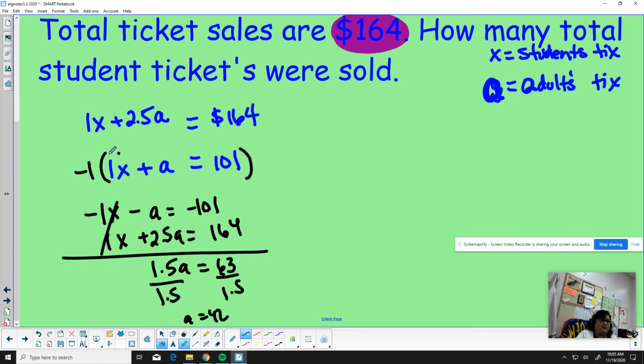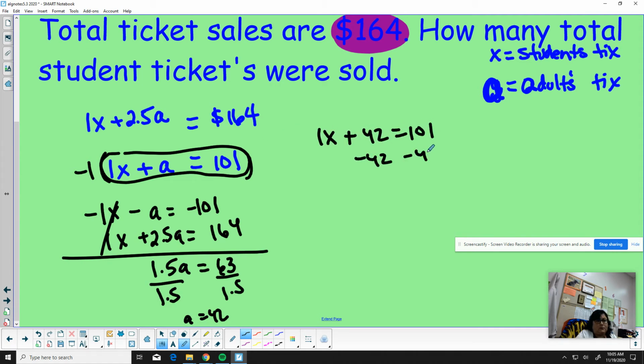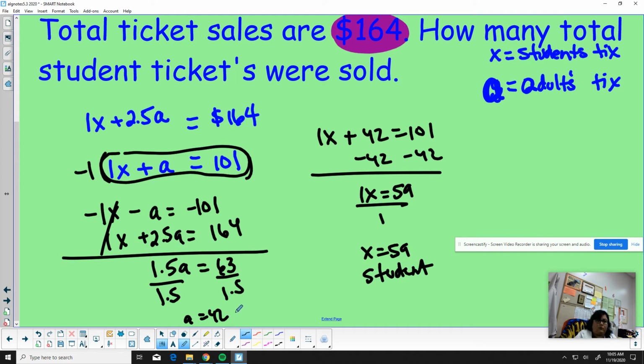So I think I'll go back to this one because it's a fairly simple equation. So 1x plus 42 equals 101. So if I subtract 101 minus 42, that's 59. I can divide by 1, but I don't have to. So it's 59 student tickets and 42 adult tickets. But the question is how many student tickets? So the answer is 59.